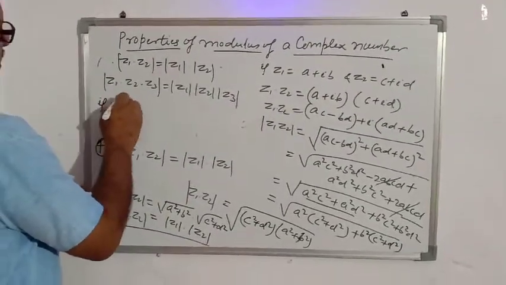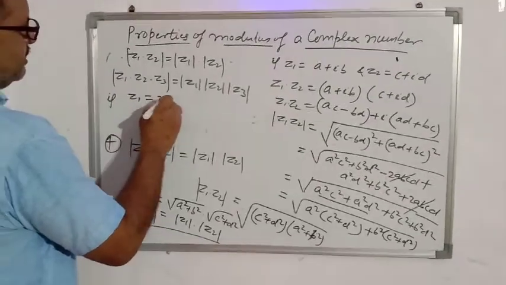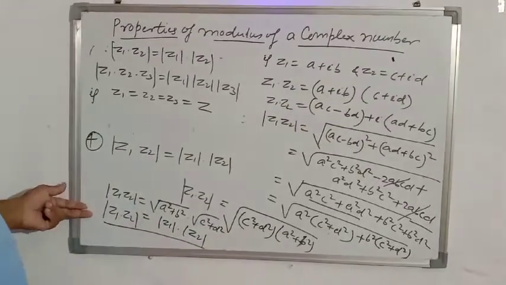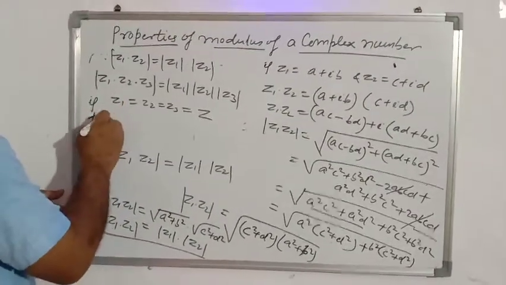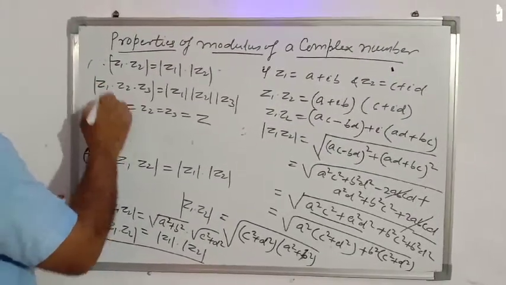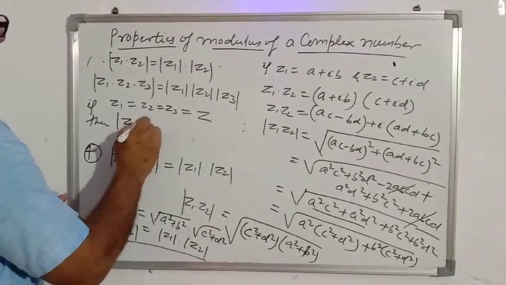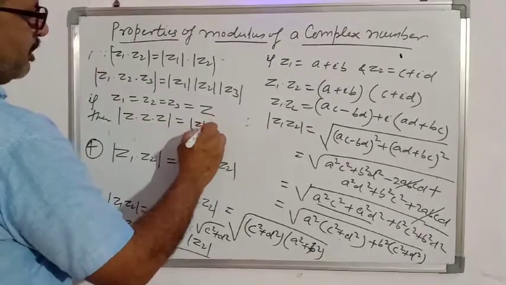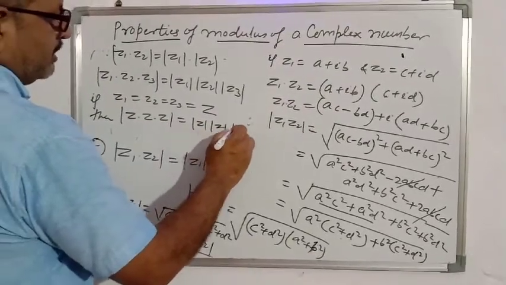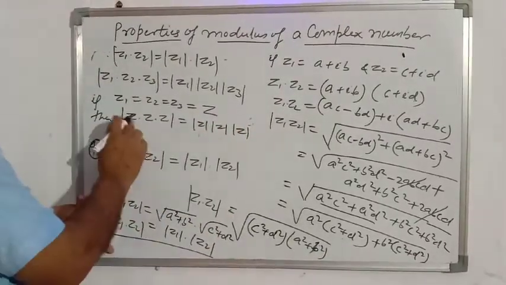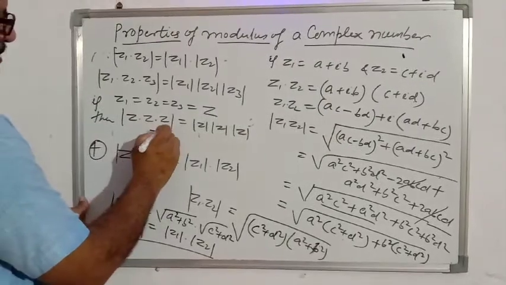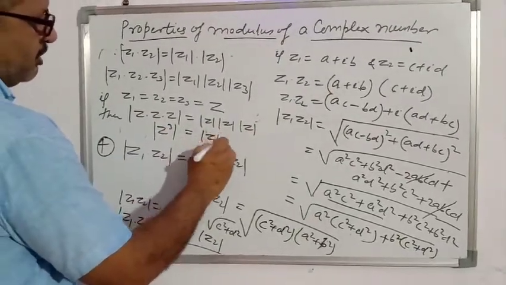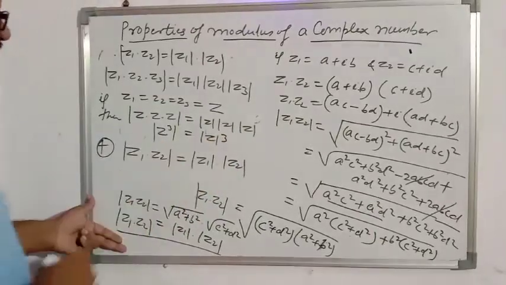Suppose Z1, Z2 and Z3 all are equal to Z, then we can write from here Z into Z into Z, and on the right side mod of Z, mod of Z, mod of Z. Z into Z into Z will be Z cube mod, and this will be mod of Z whole cube.